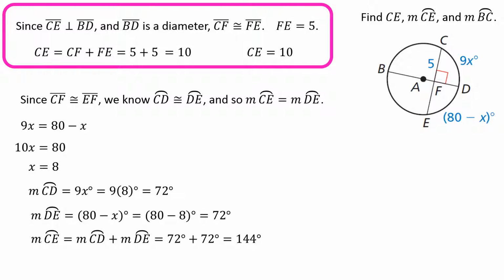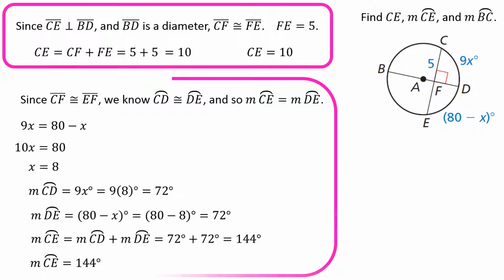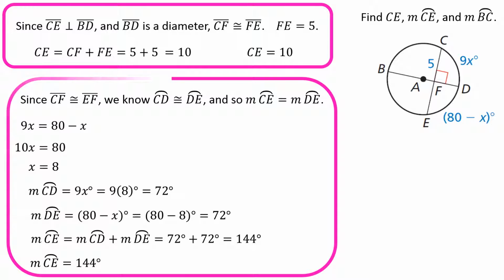Oh, but we also need the measure of arc BC. Well, we've got a diameter in play, right? Segment BD is a diameter because it's a chord that happens to go through the center of the circle. So we're looking at a semicircle, and I know that the measure of arc BC plus the measure of arc CD has to be 180 degrees.